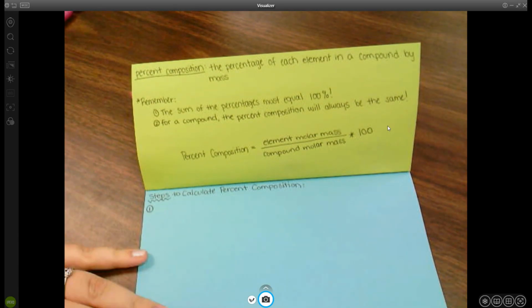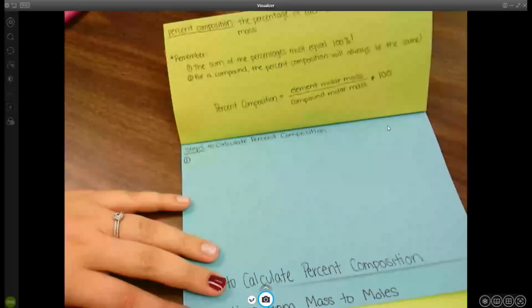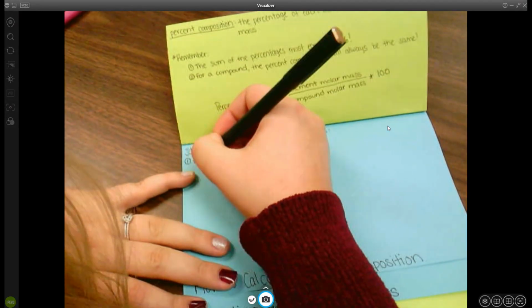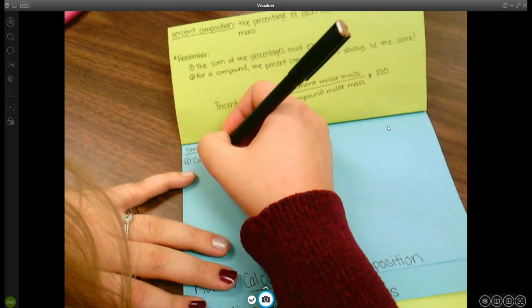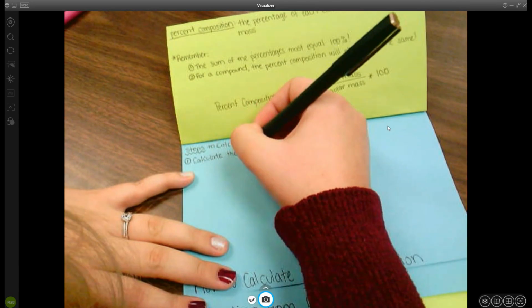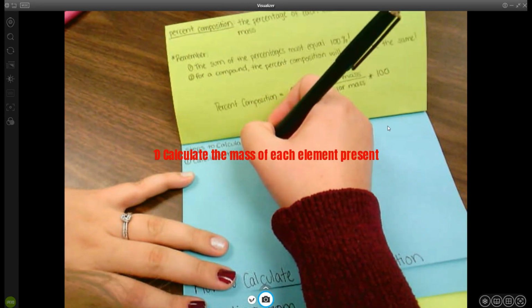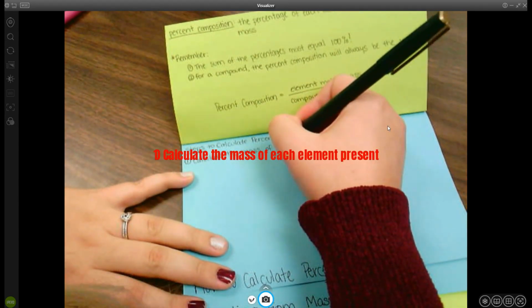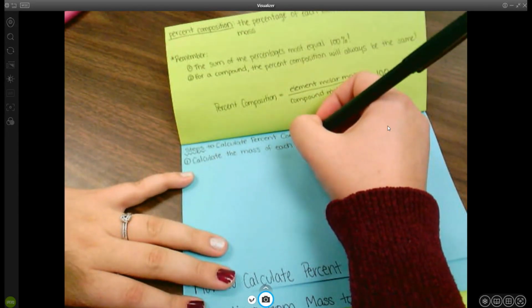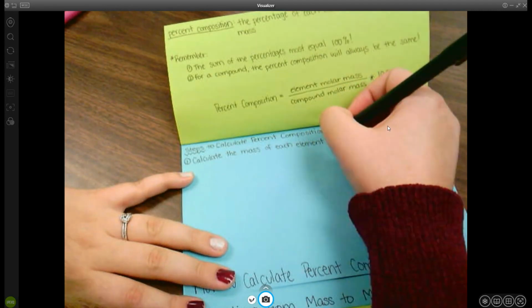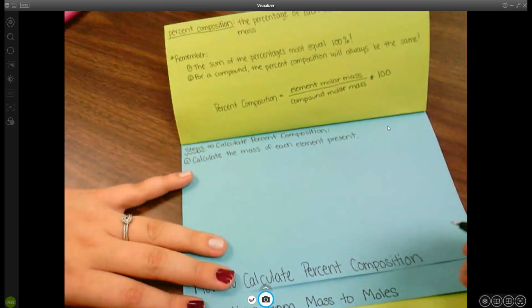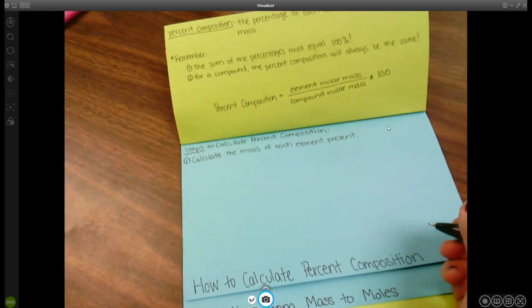The first step is to calculate the mass of each element present. And that's basically the first step to determining molar mass.